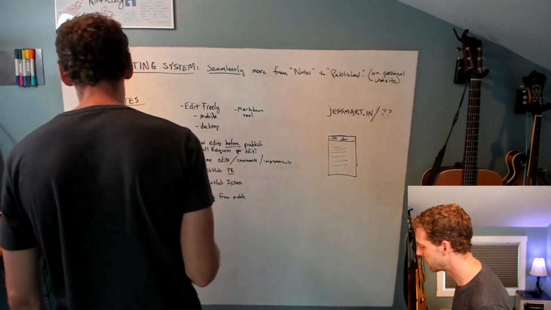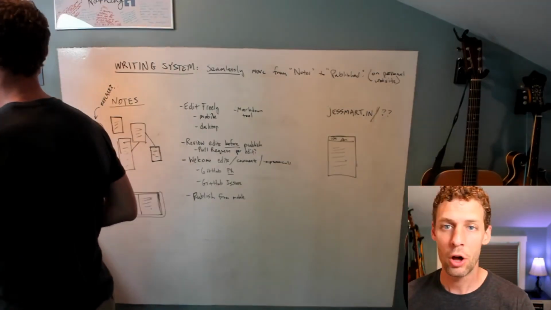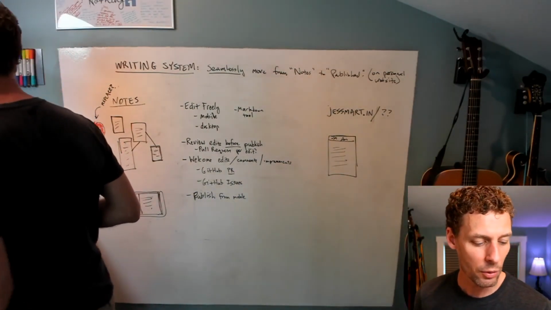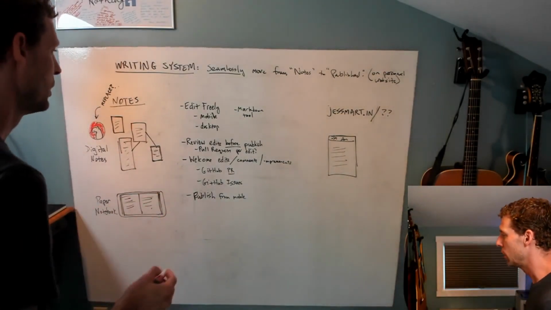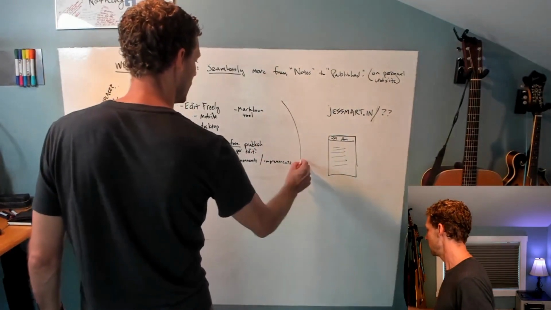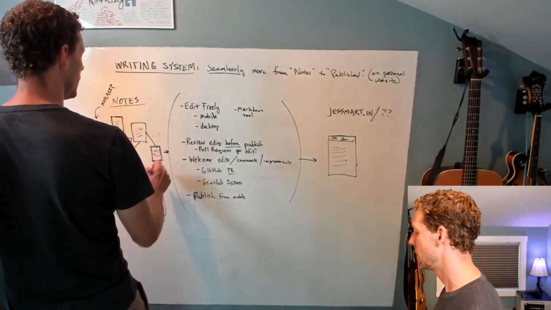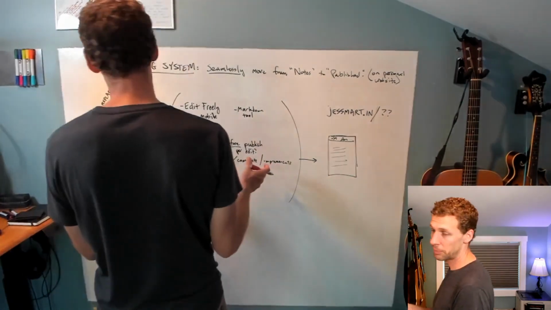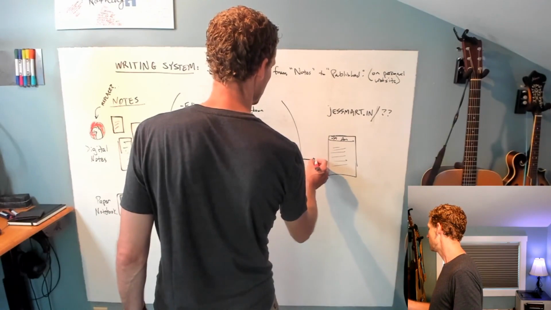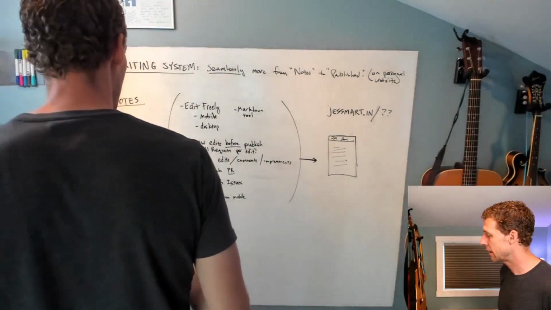That would be nice, because if I did some quick edits to an article, typed something up on my mobile app, then being able to edit from there would be pretty sweet. All right, so this is the middle ground. I want to be able to get things from my note-taking system through some process or pipeline that then eventually goes out to my personal site and updates that.